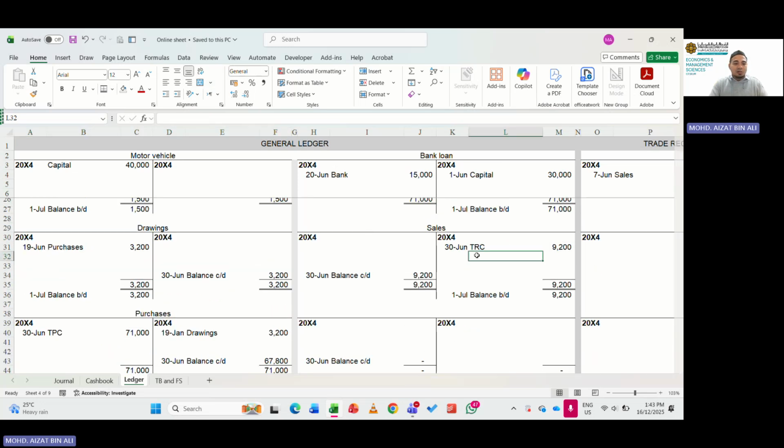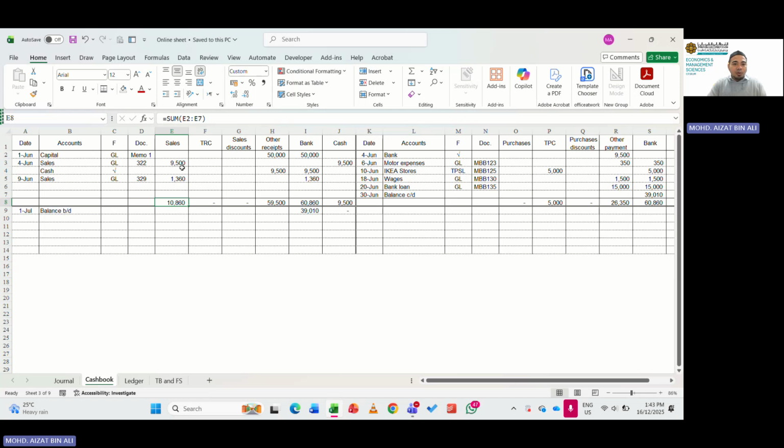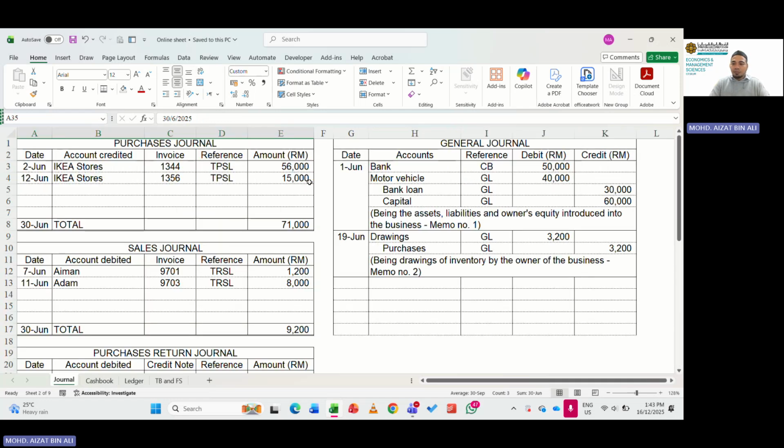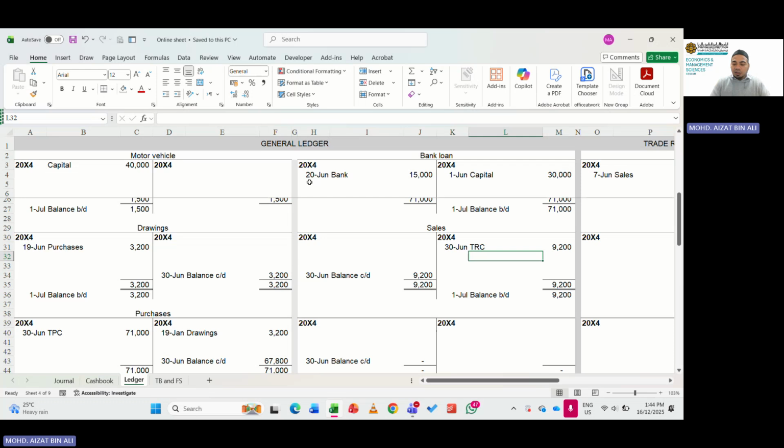Let's look back. One is cash and one is bank. So here, 30th June, last date of transaction, cash and also bank. How do I know cash or bank?